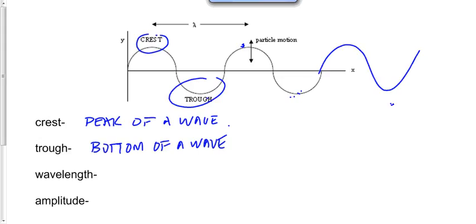What we really should say is the distance over which the wave repeats itself. When the wave starts repeating itself, we've had one wave. So that distance is going to be the wavelength. Not quite as simple as saying the wavelength is the length of a wave, but almost. The distance over which the wave repeats itself.